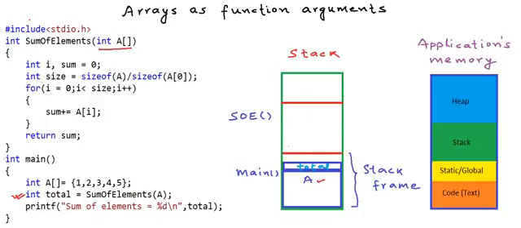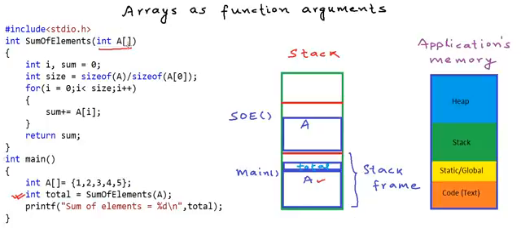So ideally we should have one more A local to the function sum of elements, and the value of A should be copied into this parameter A. So we would have another array named A taking 20 bytes in the stack frame of sum of elements, and it would have the same value, same elements as the array A in the calling function main. But actually this doesn't happen.